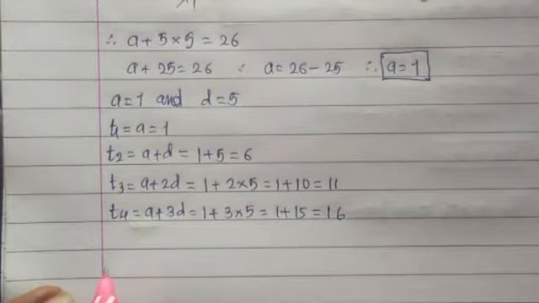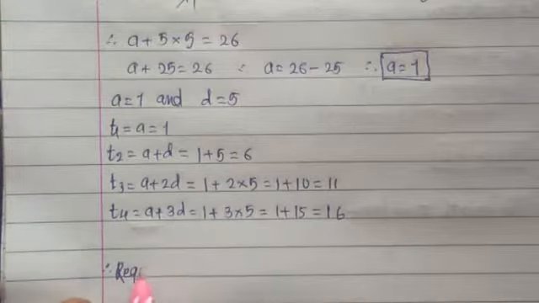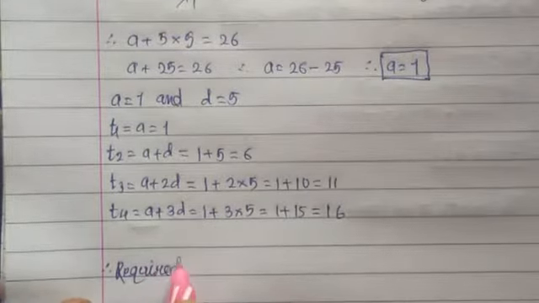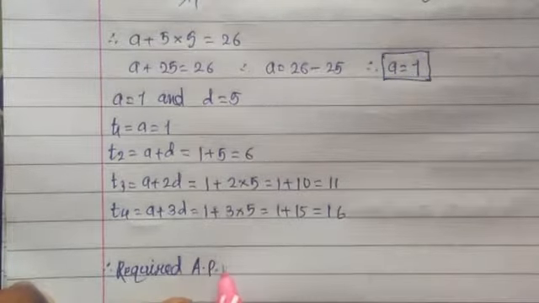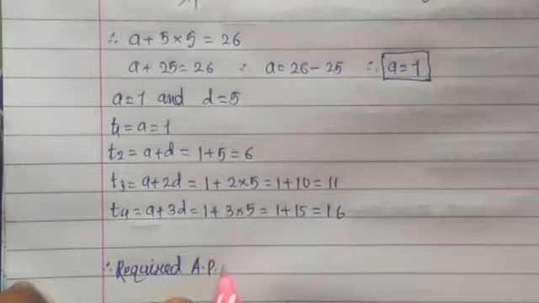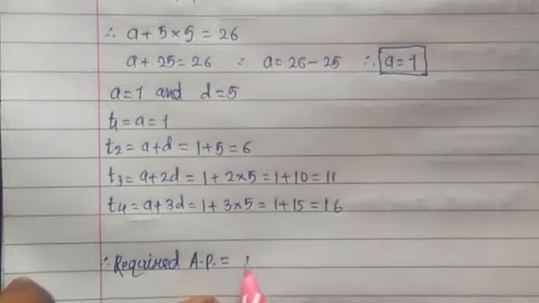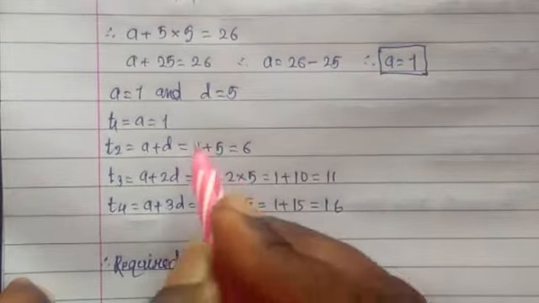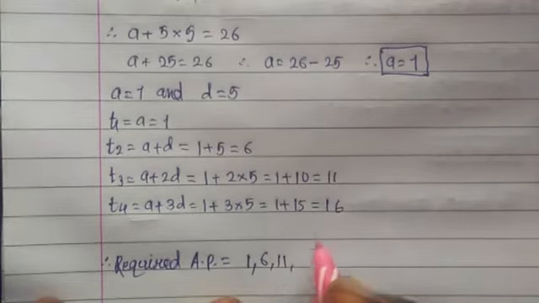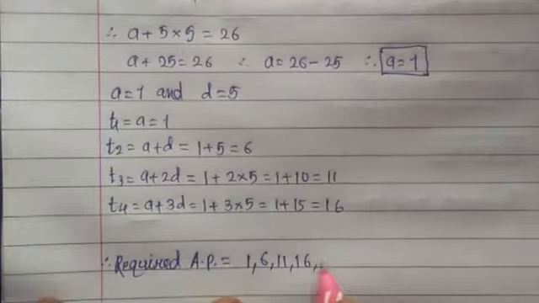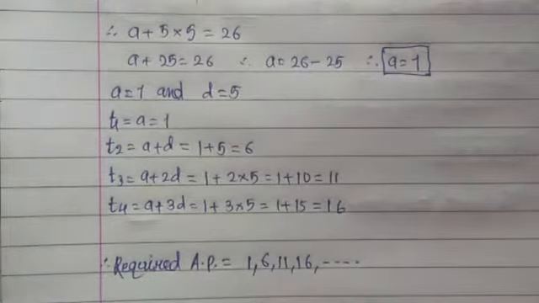And hence we can write the required AP is: T1 is 1, T2 is 6, T3 is 11, and T4 is 16, and so on. This is the AP.